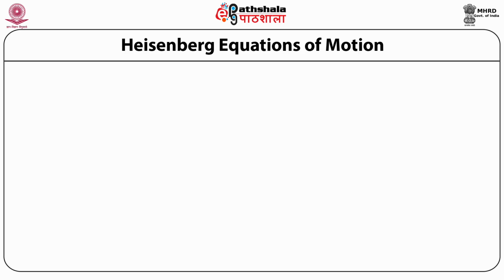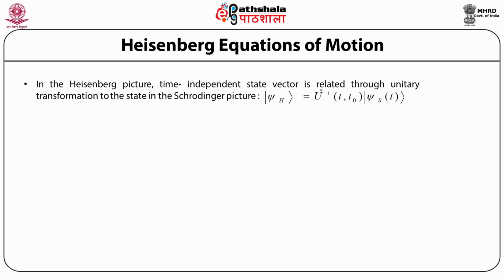Heisenberg equations of motion. In the Heisenberg picture, the time-independent state vector is related through a unitary transformation to the state vector in the Schrödinger picture.